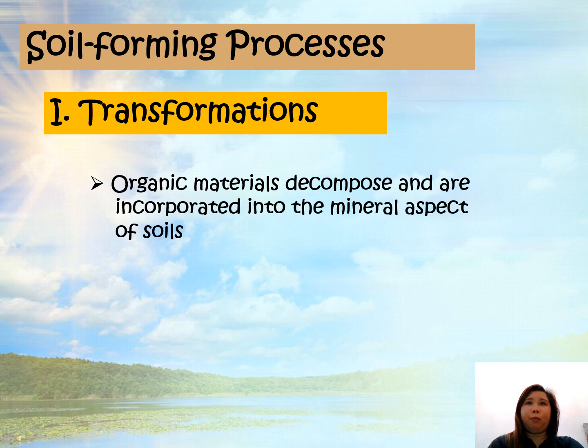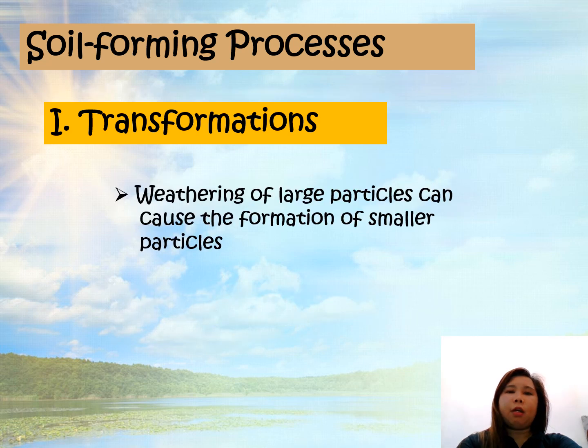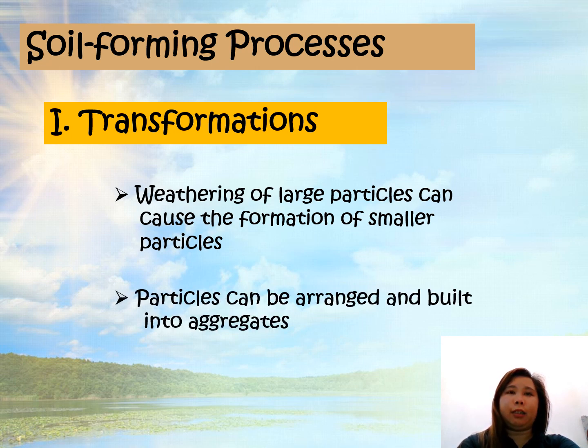Organic materials decompose and are incorporated into the mineral aspect of soils, and other organic products, such as organic acids and humus, are synthesized from organic materials. Included in the transformation process is the weathering of large particles that can cause the formation of smaller particles, and these particles can be arranged and built into aggregates, therefore developing the soil structure.